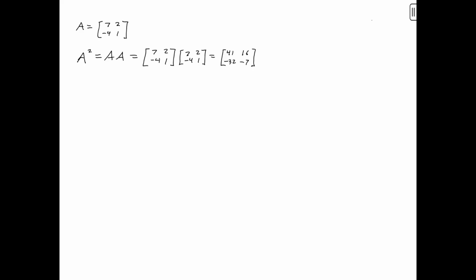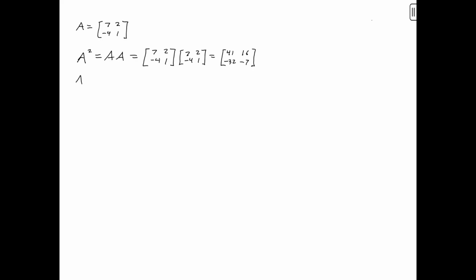And so we can calculate that A squared is [41, 16; -32, -7]. And when we do this, we've calculated A squared.